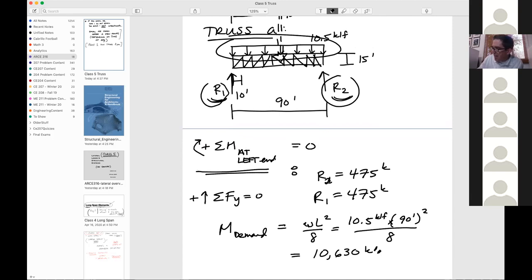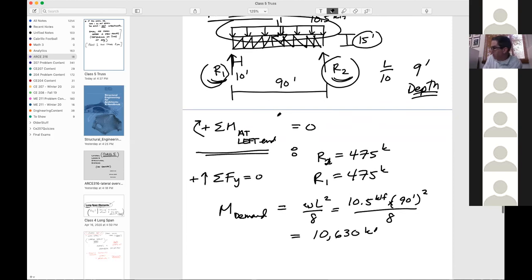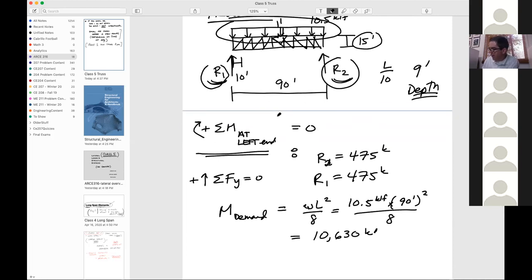Also keeping in mind depth requirements for the truss, right? L over 10 is for a truss. So this would require at least 9 feet from a depth perspective. So we've got a truss that's going to be 15 feet that we use. So we're within tolerance there.